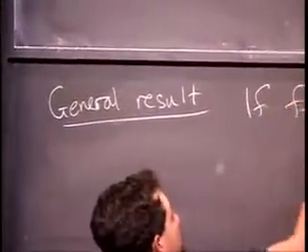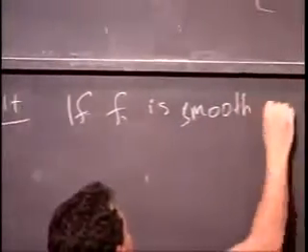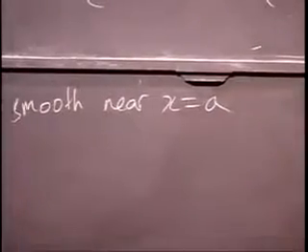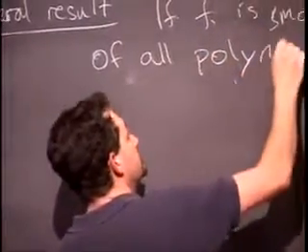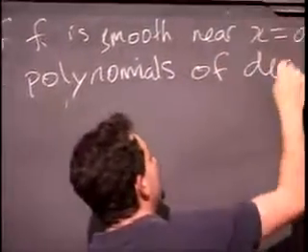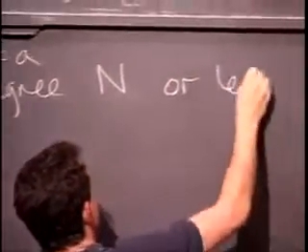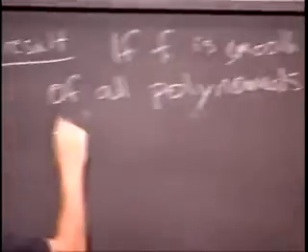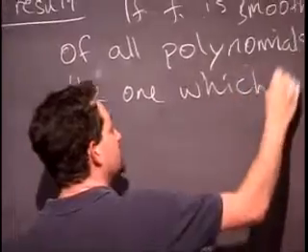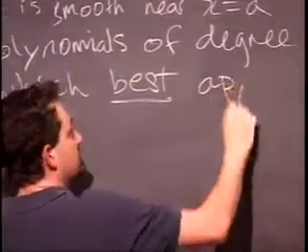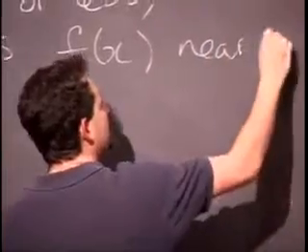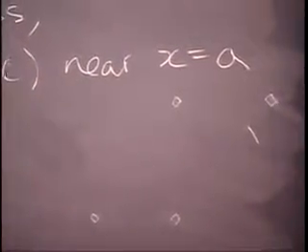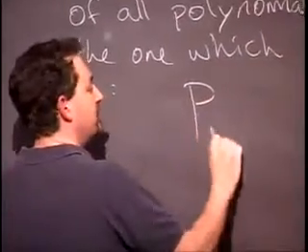If f is smooth near x equals a, by which I mean not only does it have a derivative, but a second derivative, third derivative, fourth derivative, any number of derivatives that you like, then, of all the polynomials of degree n or less, capital N or less, the one which best approximates, so there's no better approximation, your function f of x near x equals a is written P capital N of x.